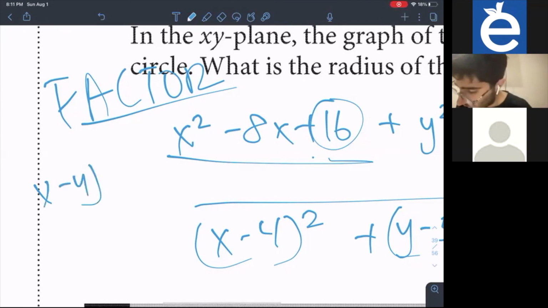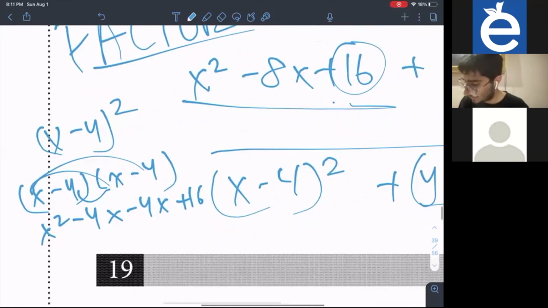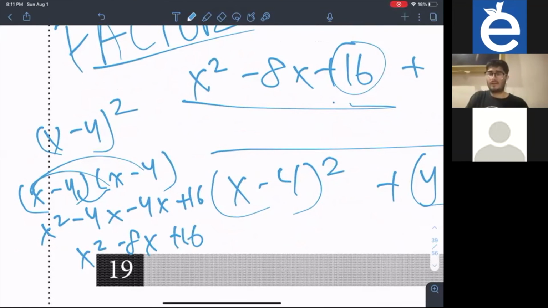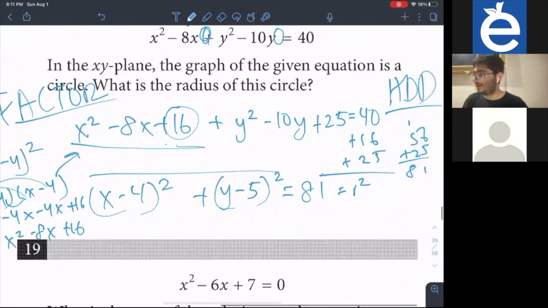So let's see if it works. x minus 4. You get x squared minus 4x minus 4x, and then plus 16, because I'm FOILing it. x squared minus 8x plus 16. And that matches with what's here. Same thing with this.